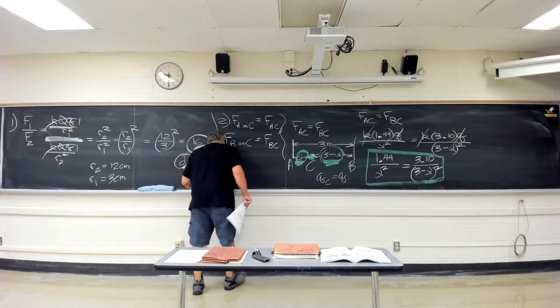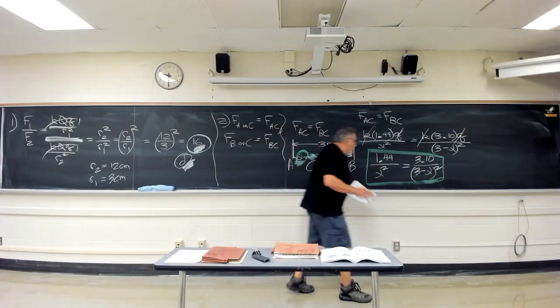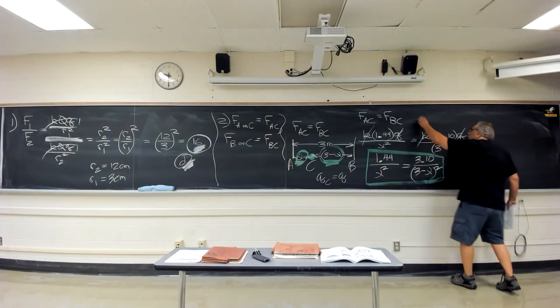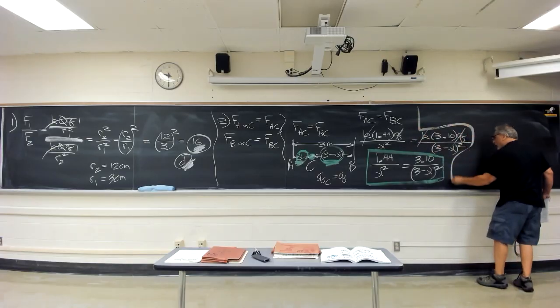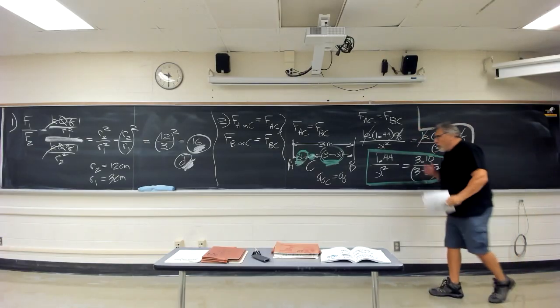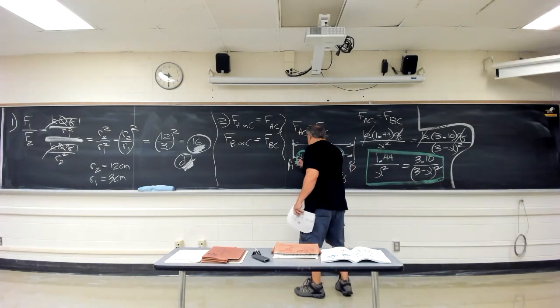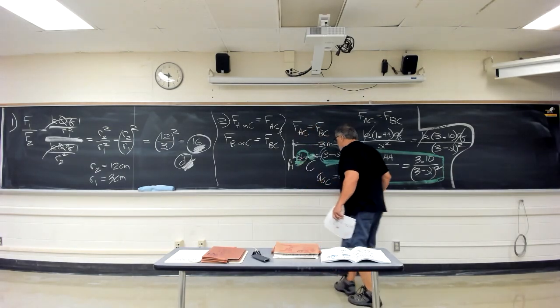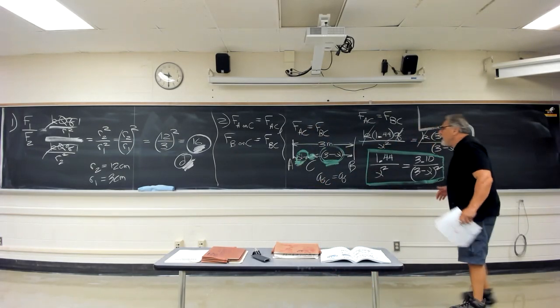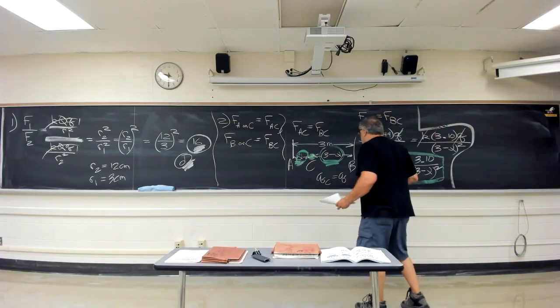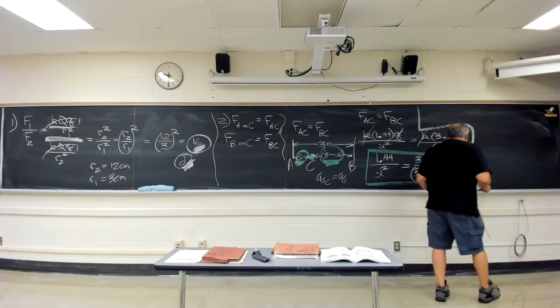Oftentimes, if there's a square in there, there's going to be two solutions. There's a lot that can go on. But there's a lot you can say as well. You know that realistically, x has to be a positive number less than 3. 3 minus x has to be a positive number less than 3. Both of them got to be greater than 0. And both got to be less than 3. So there's ways you can get around this.